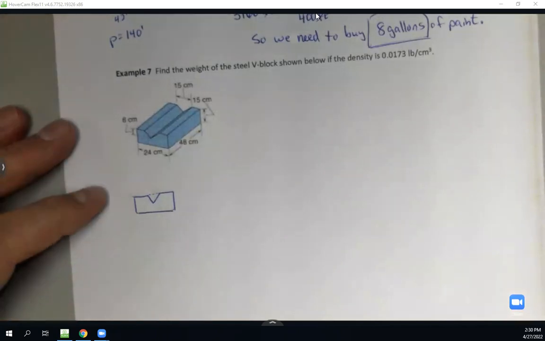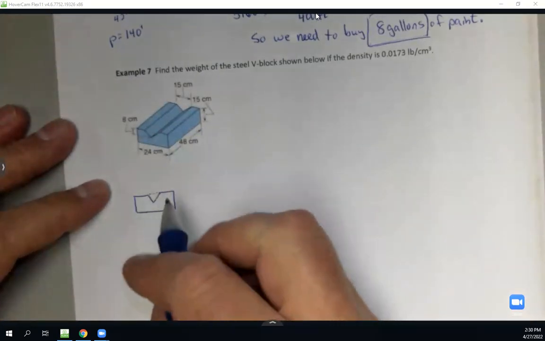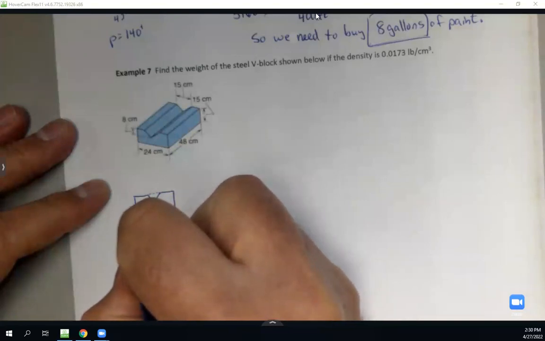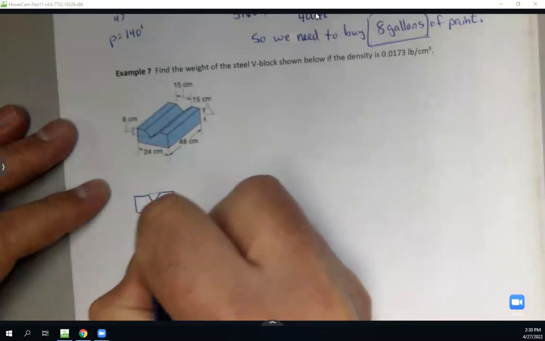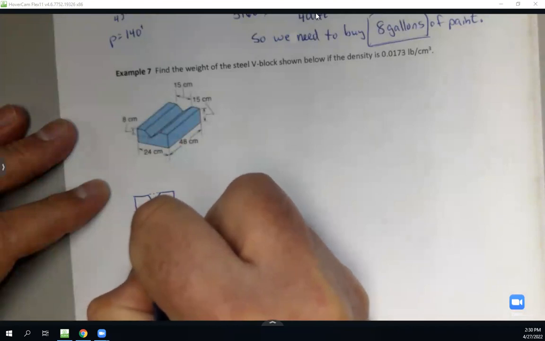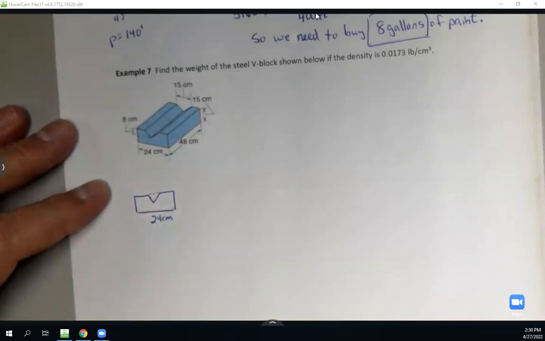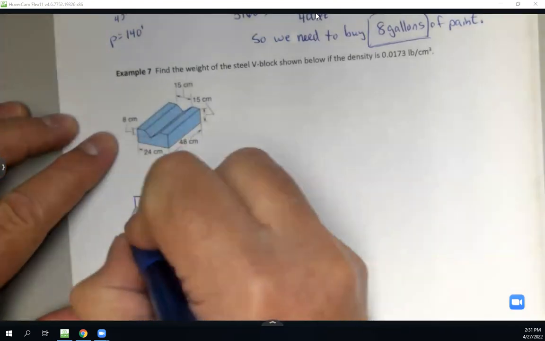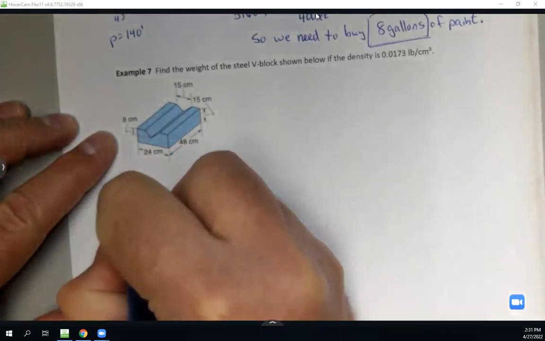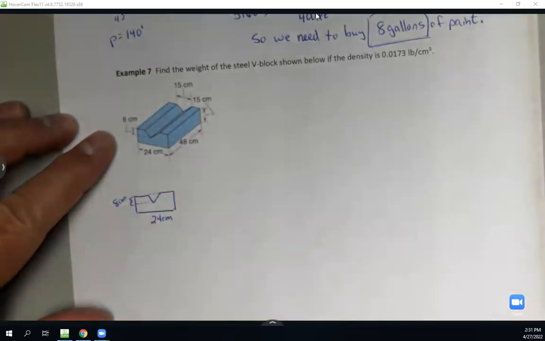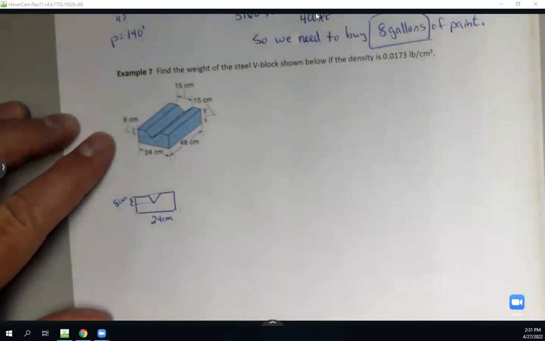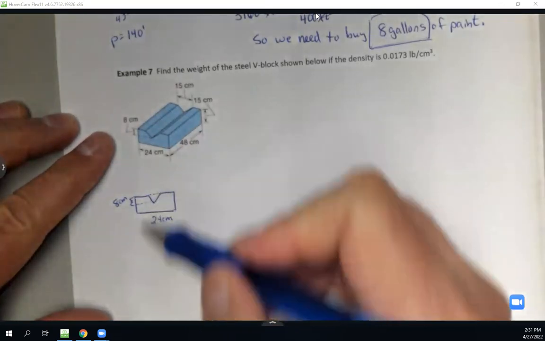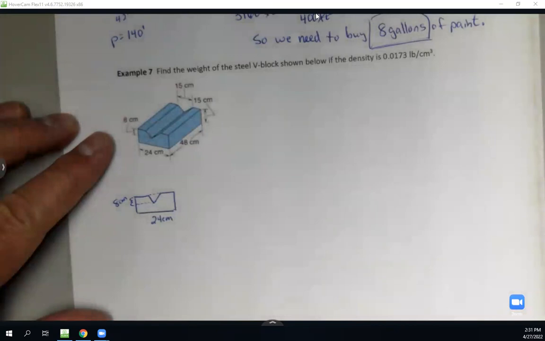So what do I know here? Well, looking at my diagram, I know that this length right here is 24 centimeters. I also know, looking at the diagram, that from here to here is 8 centimeters. The significance of that is that's going to give me the height of the triangle right there. You following?